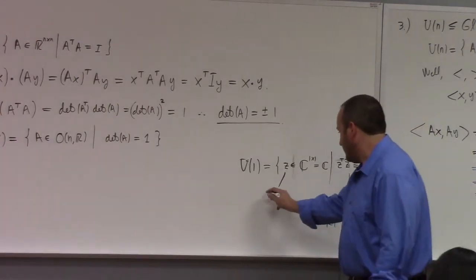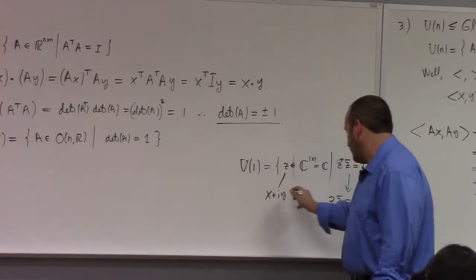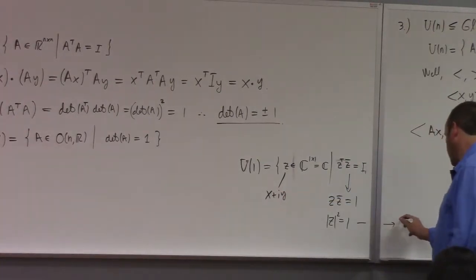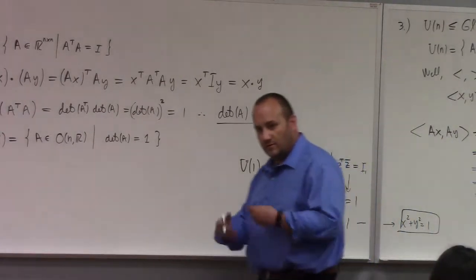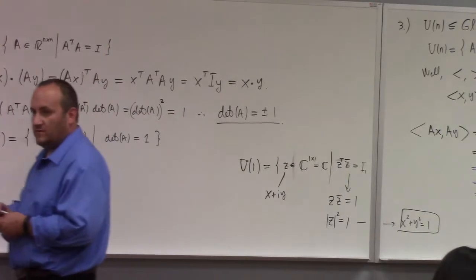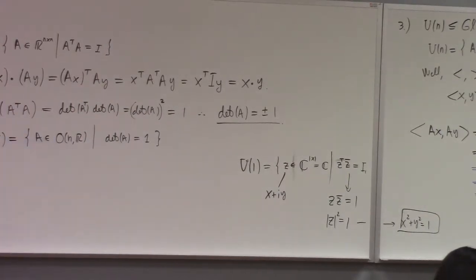If you break this into x plus iy, the condition that we have here is simply that x squared plus y squared equals 1. So geometrically, U1 is just the unit circle in the complex plane. All right?